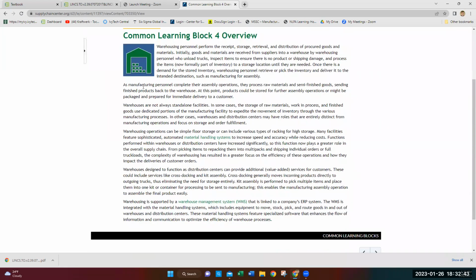It says warehouses are not always standalone facilities. In some cases, storage of raw materials, work in progress, and finished goods use dedicated portions of a manufacturing facility to expedite movement of inventory through the warehouse. So there's 3 different types of inventory. I kind of just mentioned them there. You've got raw materials.